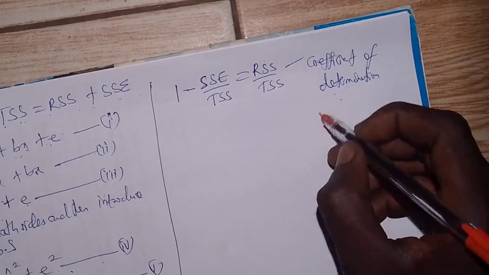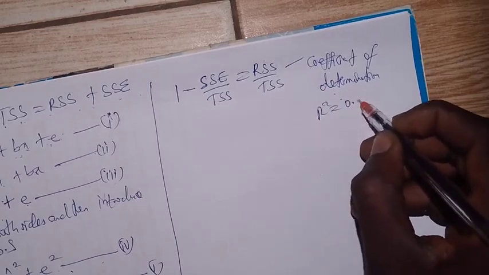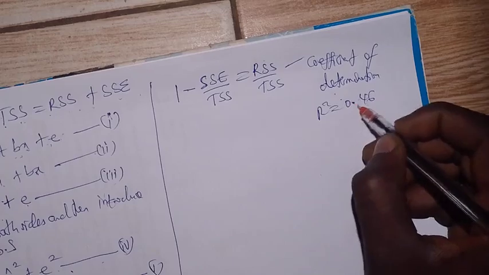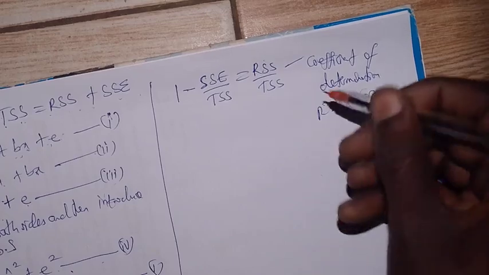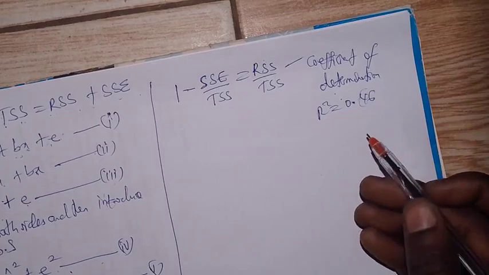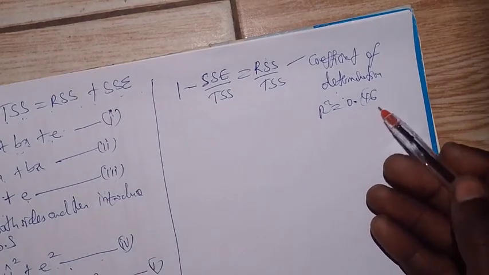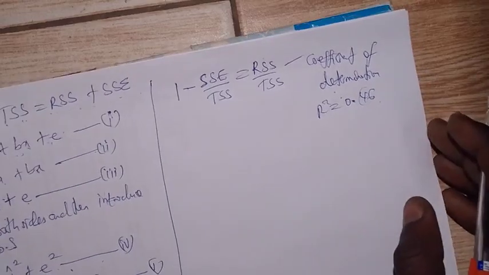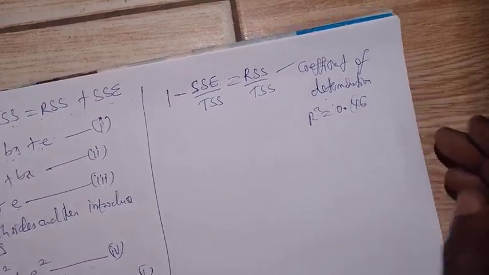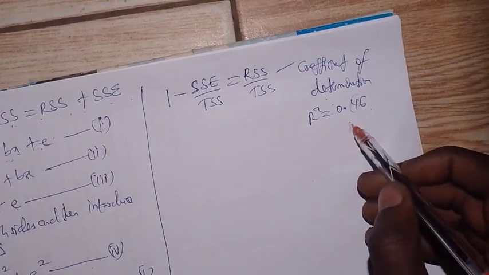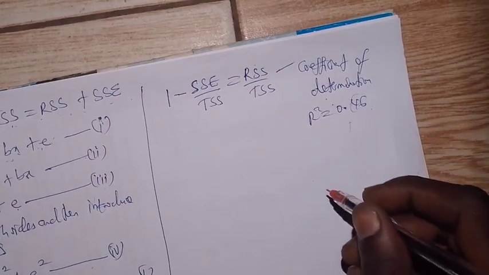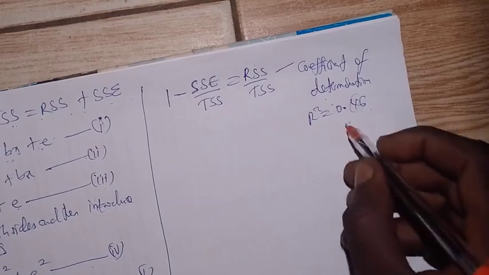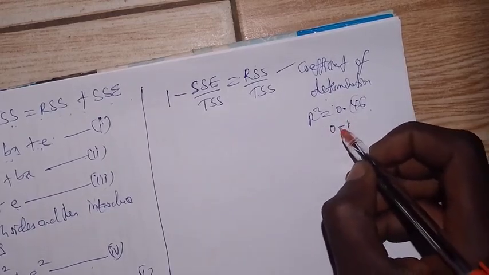For instance, if your R squared value is 0.46, that means 46% of the variation in the dependent variable is contributed by the independent variable, right? Only 46, which is low. Sometimes we get 50, sometimes 80, sometimes 80 something, but it will never exceed 1. It ranges from 0 to 1 and it's always what?